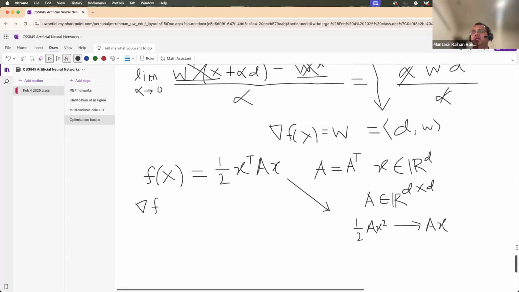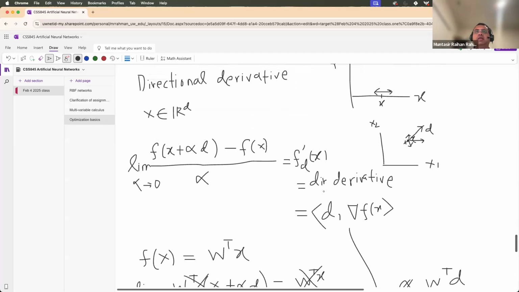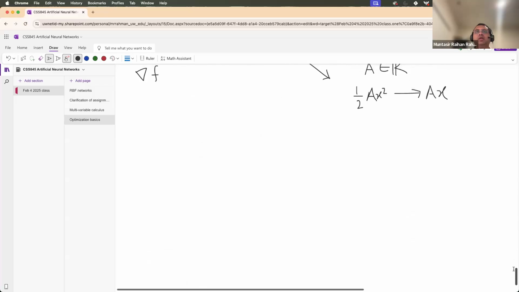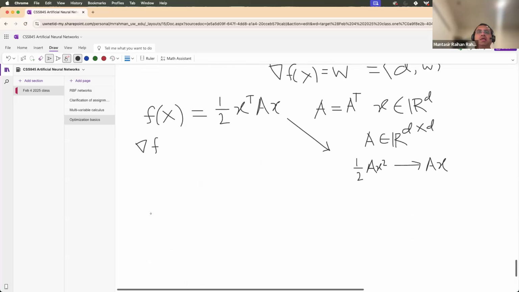We're going to take advantage of the fact that the directional derivative is always the inner product between the direction in which we are taking this derivative and the gradient. Okay, so now let's try this on this case. Let's take the directional derivative.